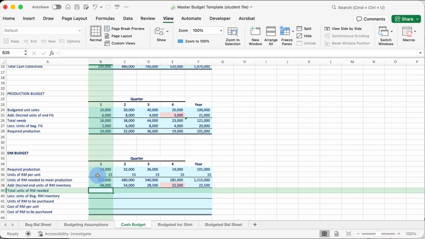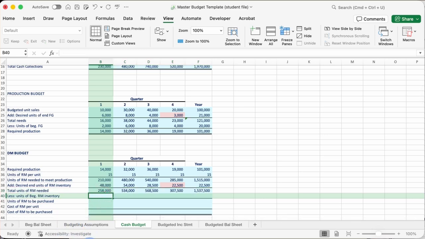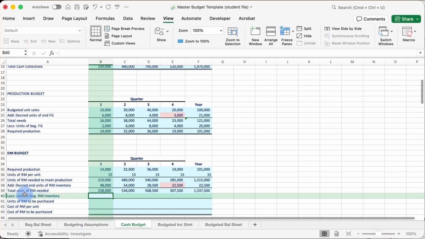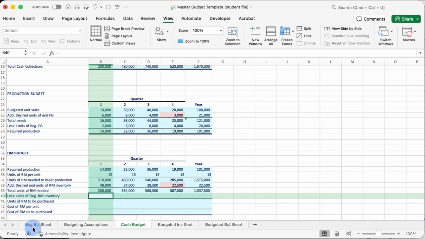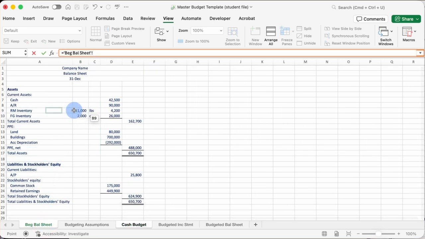Then, if we add these two things together, so we add together the total materials for production plus what we want to have on hand at the end of the quarter, we will get our total raw materials needed. But then we have to subtract out what we started with. So again, our beginning raw materials inventory is going to come from our beginning balance sheet. So we'll say equals, go to our beginning balance sheet, and we have 21,000 pounds of raw materials.